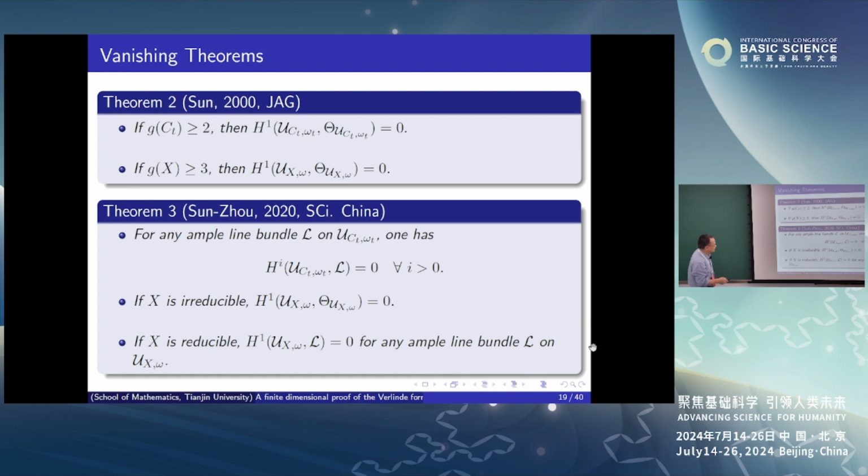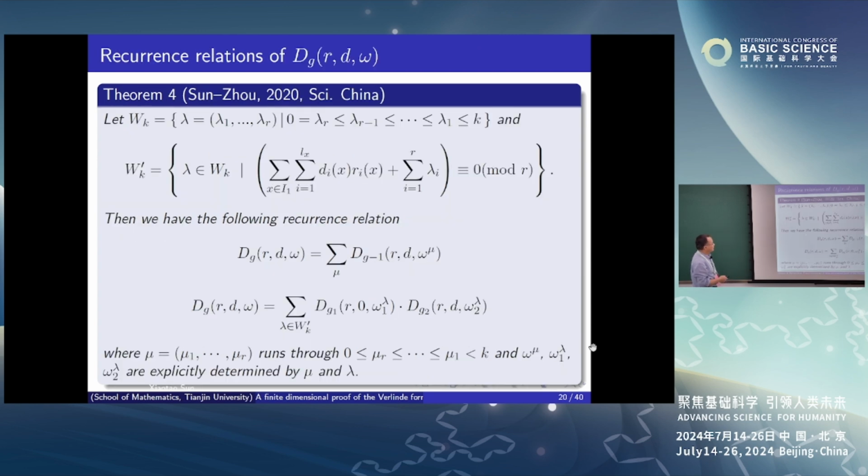We prove this vanishing theorem for smooth curves quite well. Even if it's irreducible with a singular curve, we can still prove this. Once we have such a vanishing theorem, now we have the two recurrence relations.